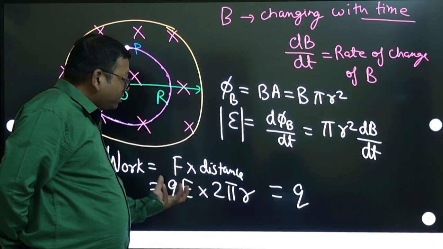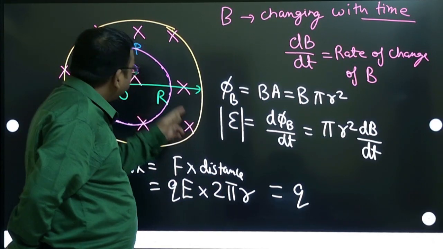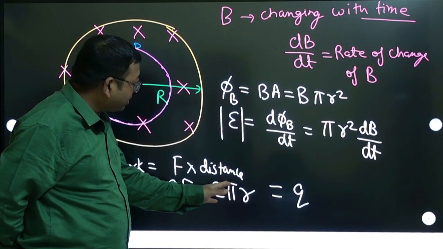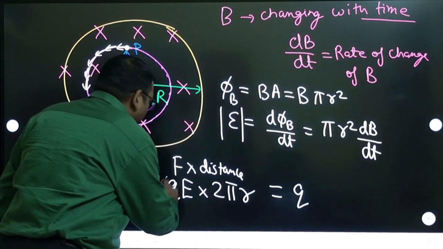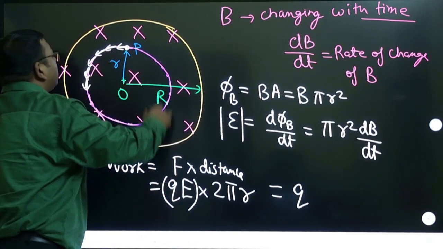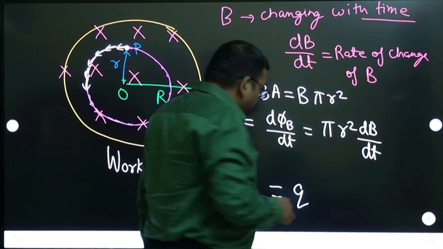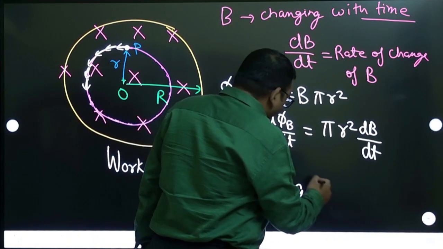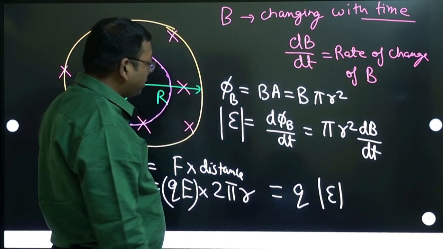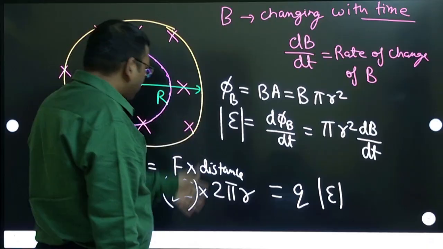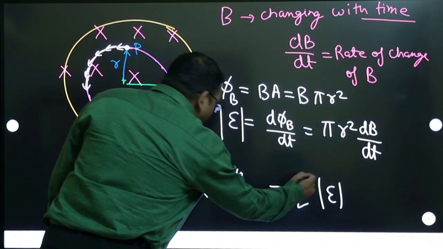One calculation of work done is the integration of force dot dr. That integration gives us force into displacement, force into the distance of the entire circle, because the charge will come back here. So the force is q into E into the distance of the entire circle. That you can also write as charge into potential difference, which is also energy. So from here, the charge gets cancelled.